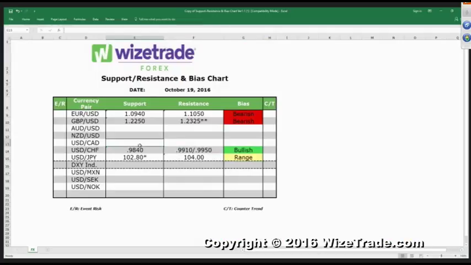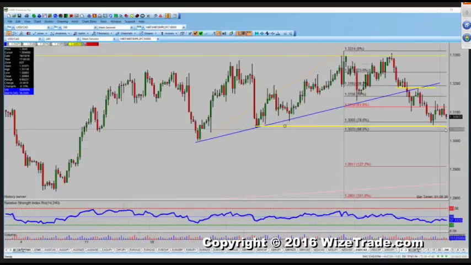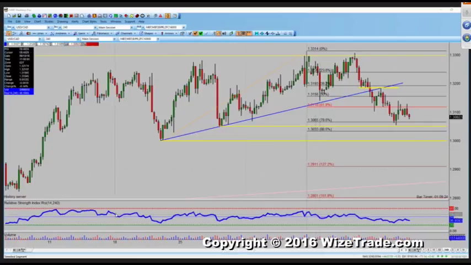So we got 130, 130.50, right? 130.50 and then 130. Resistance. Spike low, spike high.